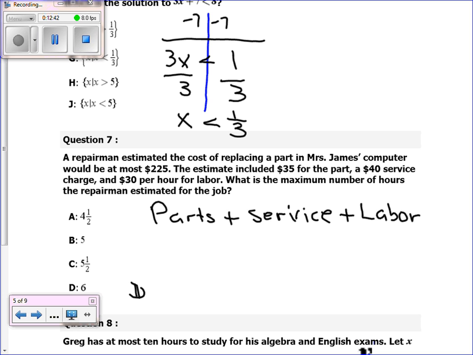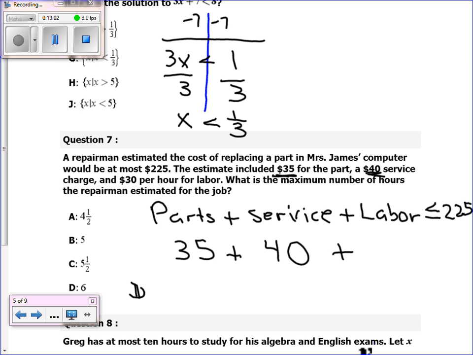Now this had to be at most $225. So all of this has to sum up to less than or equal to $225. All right. Now my parts is $35. My service was $40.